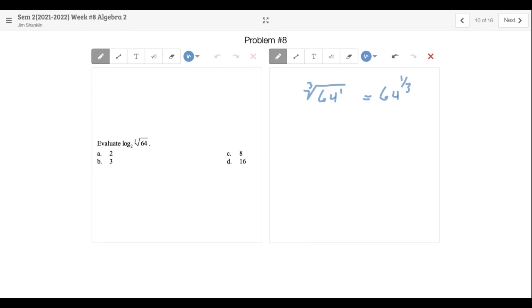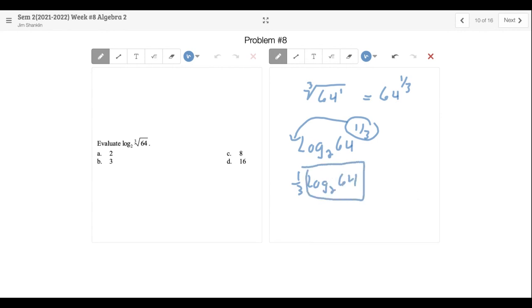That is how I would rewrite it. Okay. Now, why would I do that? Because now my next step, I would just rewrite this as the log base 2 of 64 to the 1/3. I'm going to put that out in front because I don't want that exponent there. So 1/3 log base 2 of 64.